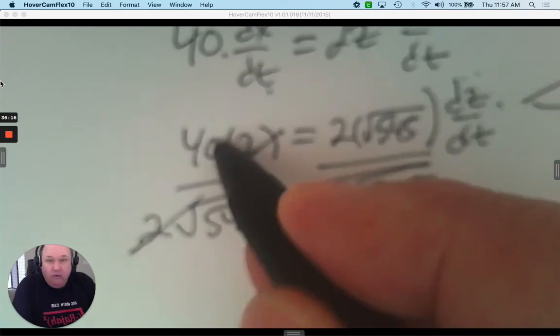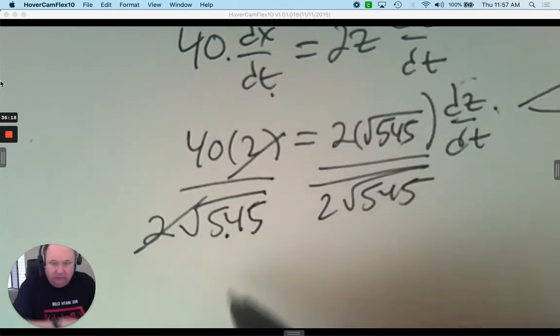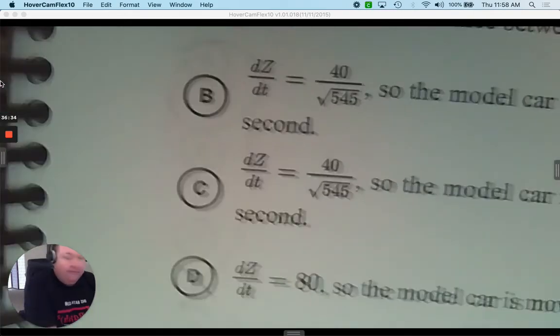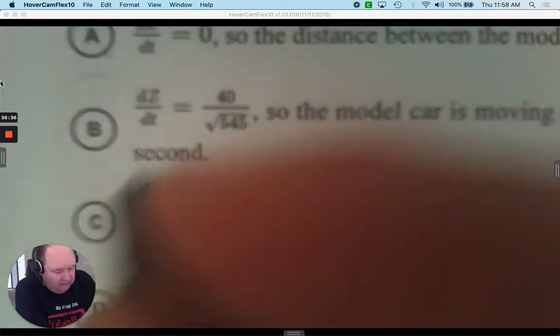So I got 40 over the square root of 545. So what has that answer? 40 over the square root of 545. That is as tough a question as you're going to get.